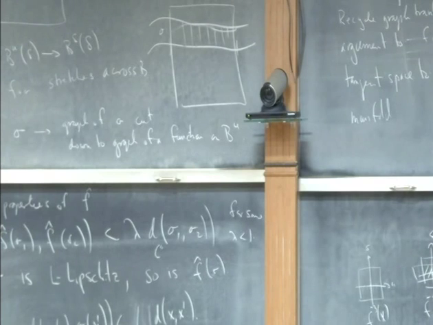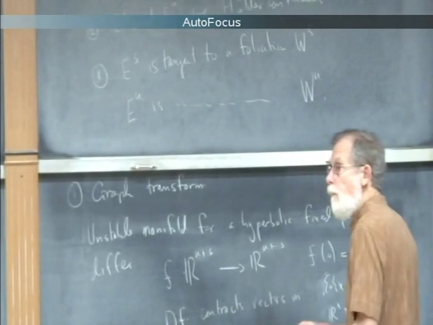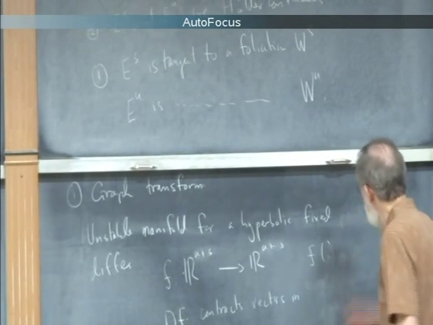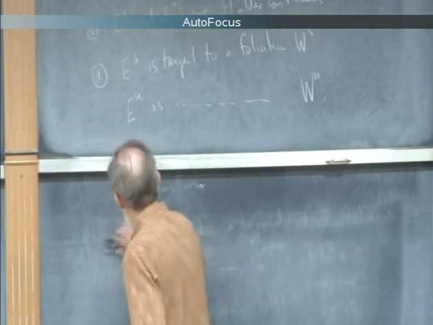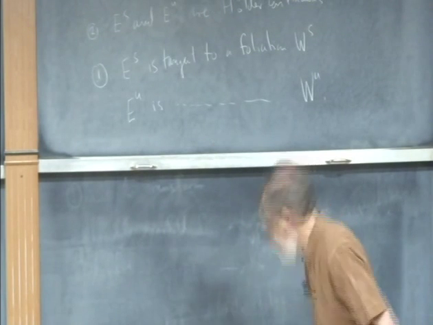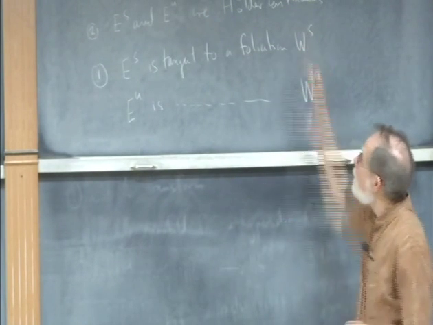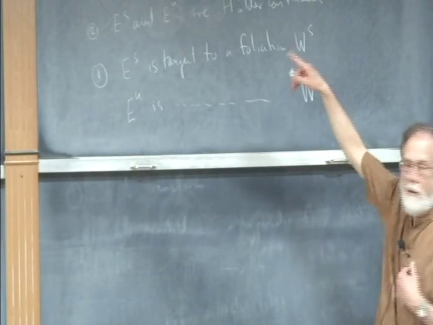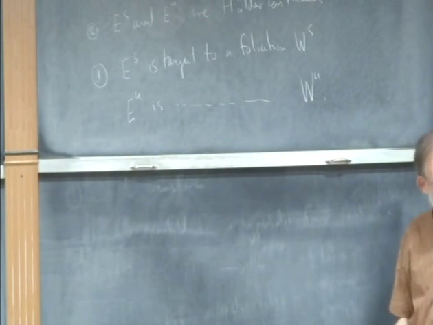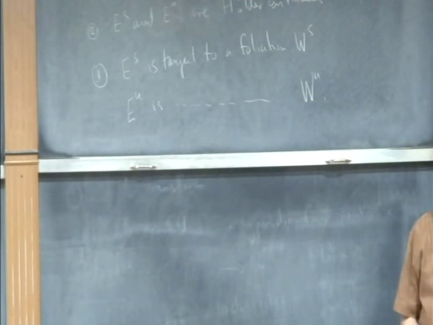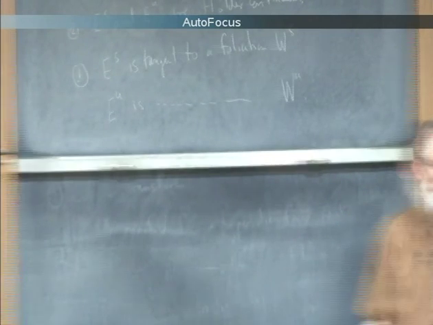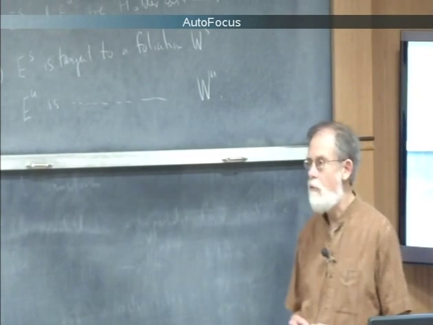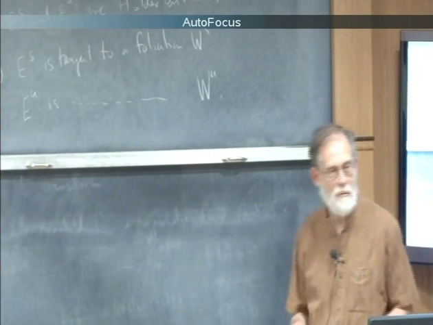Okay, so that brings me to the second thing I want to talk about, which is the fact that the invariant subbundles that you get are not just continuous. You can say something quantitative about how continuous they are. And this is needed in the proof that we're going to do tomorrow. So I want to say something about where that comes from.